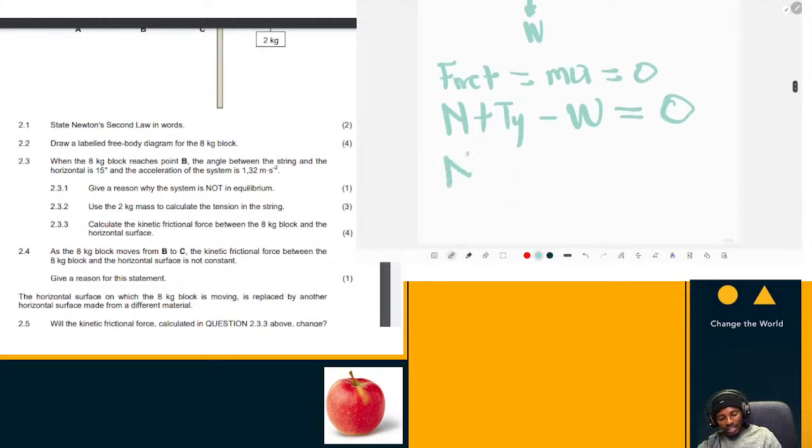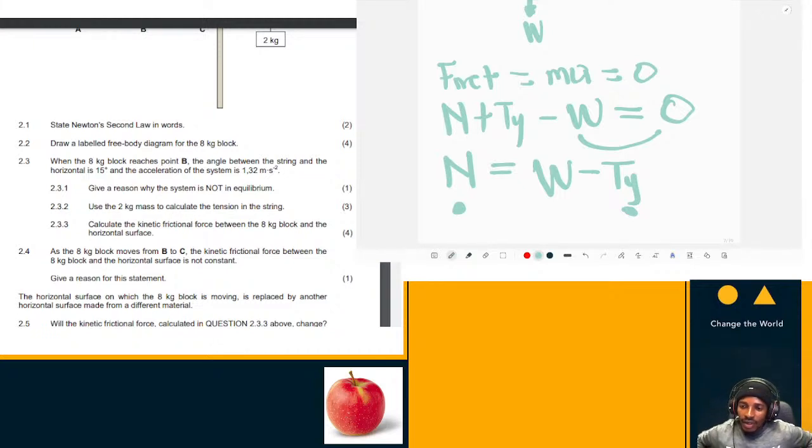If we want to make the normal force the subject of the formula, we take weight to this side and it's going to be positive, so normal force is equal to weight minus T of Y. Therefore, if we change this quantity, this quantity will also change. I hope that is clear.